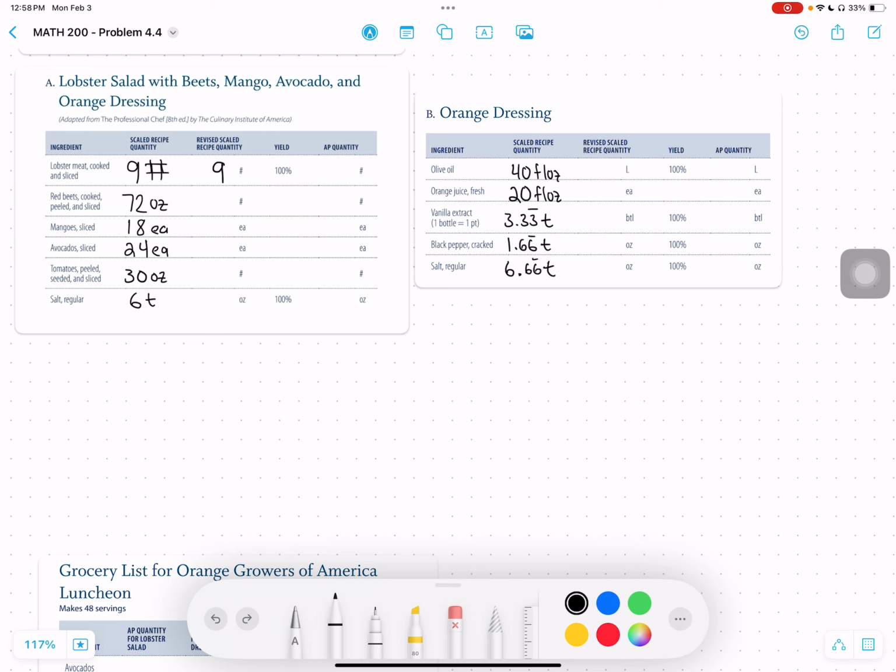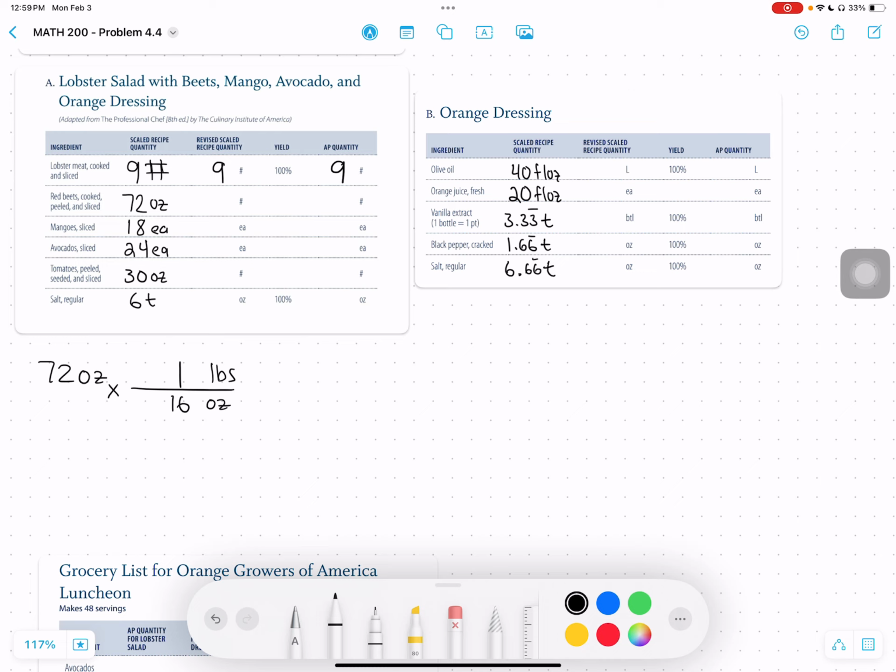So that's 9 pounds. And you have to decide if you're going to put it through the yield or not. Since this is a measurement, you have to put it through the yield. Yield is 100%, so the AP quantity is going to be the same, 9 pounds. Moving to the next one, that's 72 ounces, and we are converting to pounds, so we have to do the proper conversion. 72 ounces, ounces on the bottom, pounds on the top, 16 ounces per 1 pound.